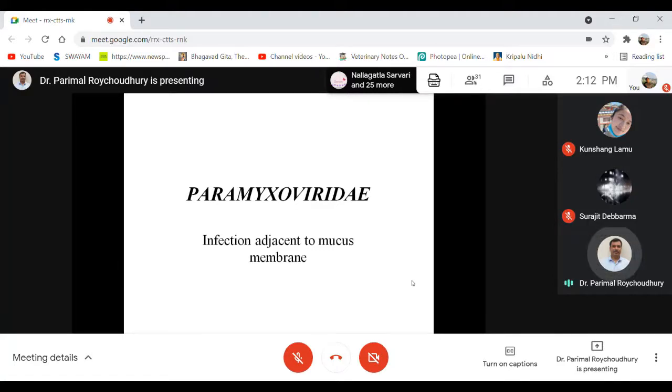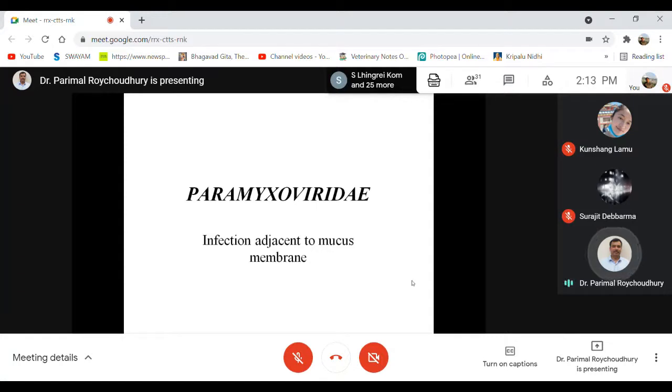For example, the lymphocytes in the patches, the virus infections will be there, or in the subepithelial tissues causes inflammatory changes. That's why this group of viruses is designated as Paramyxoviridae. Para means side by, and myxo means mucous membrane.